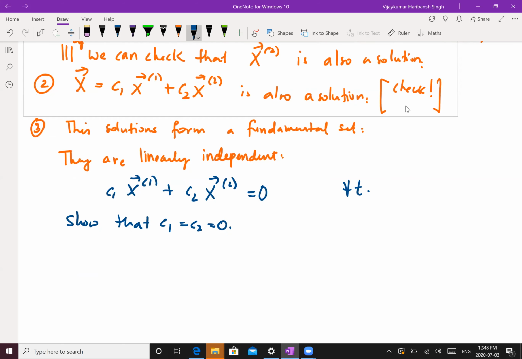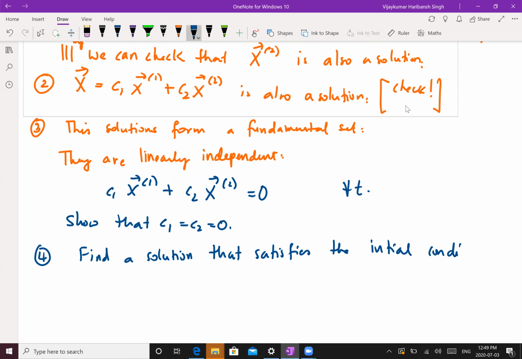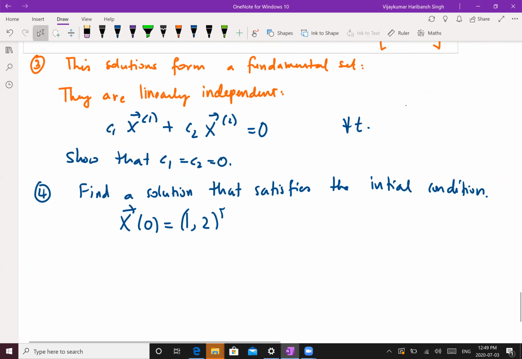Now, problem 4: find a solution that satisfies the initial condition x of 0 equals 1, 2 transpose. This is not hard to do. Let's just do this problem. We have x of t.